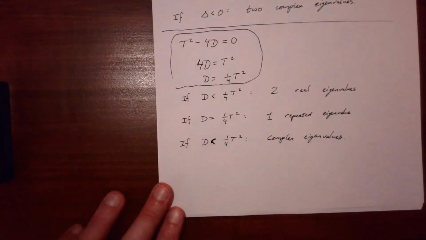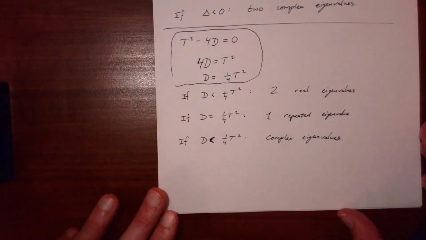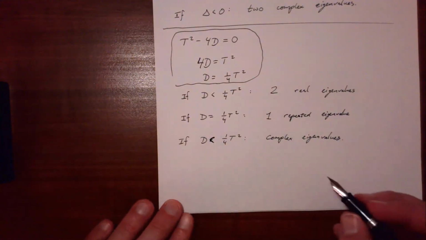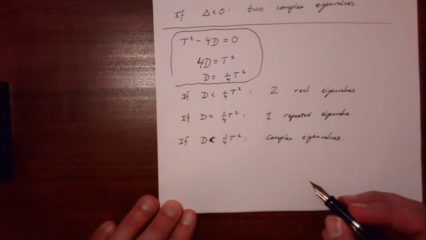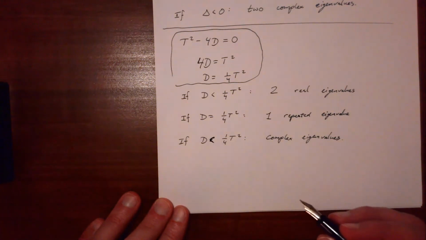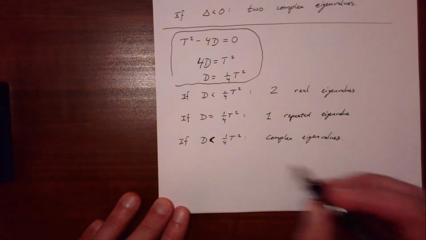Eigenvalues. So then what we can do is we can actually plot the parabola on the d by t plane, and based on the region that the combination of d and t land us in, we can determine what sort of solution we would expect.